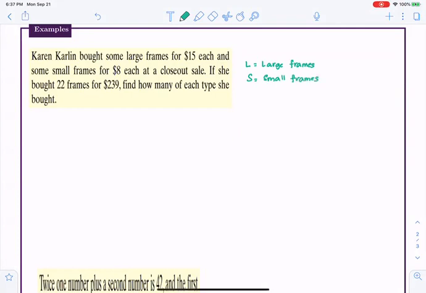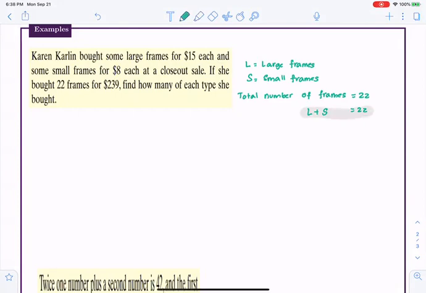So we know that in total, she bought 22 frames. So the total number of frames is 22, which would simply mean the number of large frames L plus the number of smaller frames S must equal 22. So that is our first equation.